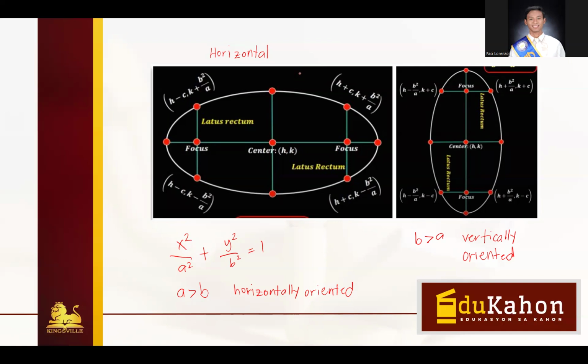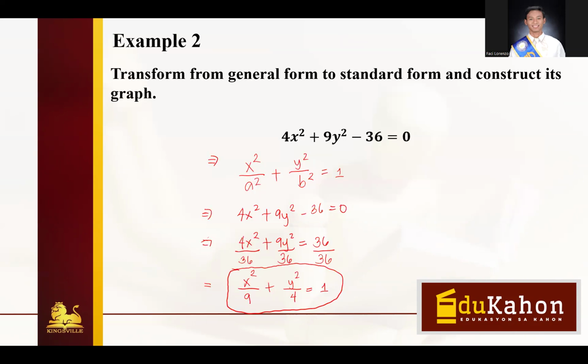So next, let's graph your example number 2. We have here x squared over 9 plus y squared over 4 is equal to 1.